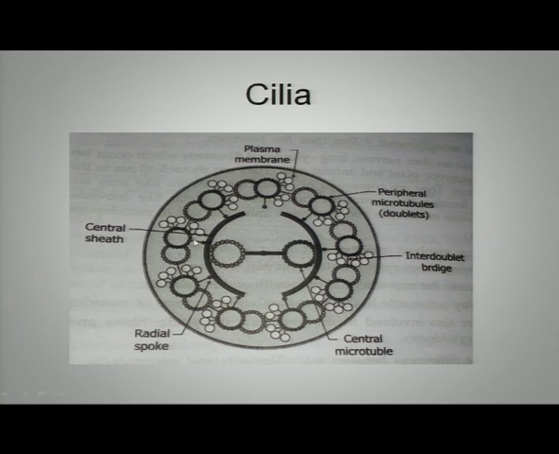A contains 13 protofilaments, B contains 10 protofilaments. A is linked with this central sheath. You can see this part as the central sheath. Then here you can see at the center 2 tubules interlinked.